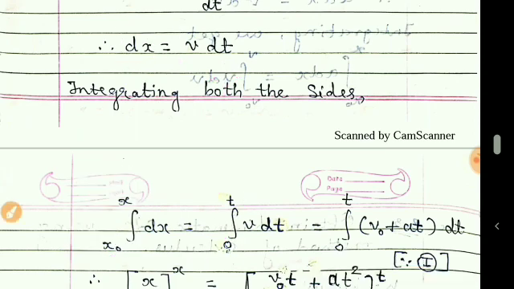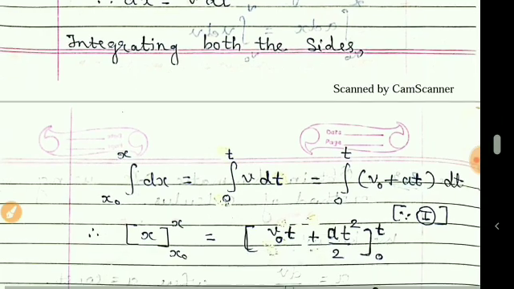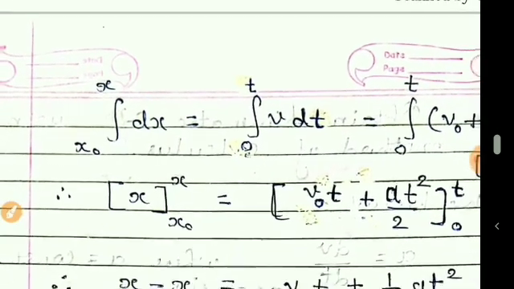But students, in integrating the previous term of acceleration, we kept acceleration outside the integration because it was constant. But here this v is not constant, it changes with time. So it is a function of time. So here the integration will be a little different. Now let us start integration.